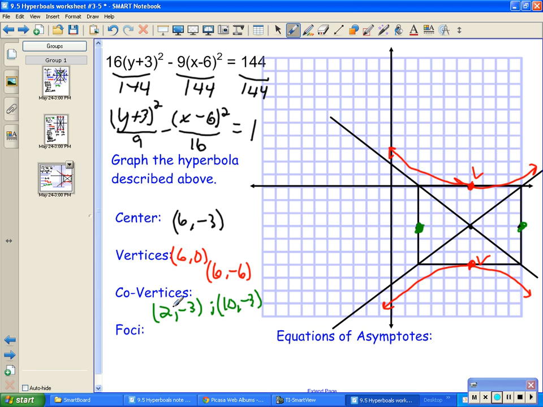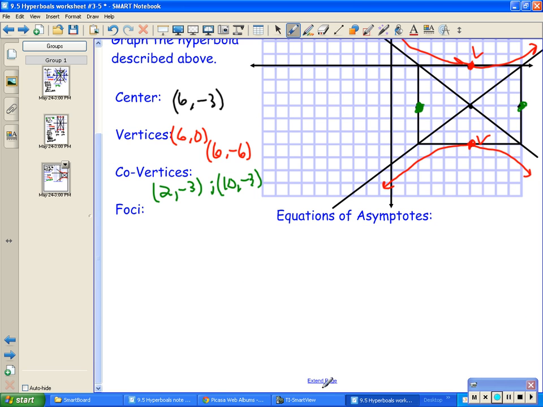Alright, we have our vertices, our co-vertices. We need to figure out our foci. Let's do our Pythagorean theorem to figure that out. So a squared plus b squared equals c squared. A in this one was 4. B was 3. Remember, those are the x distance from the center and the y distance from the center.